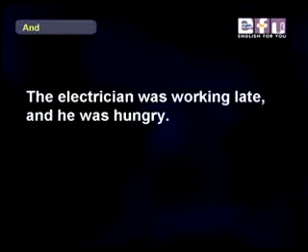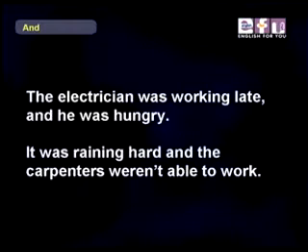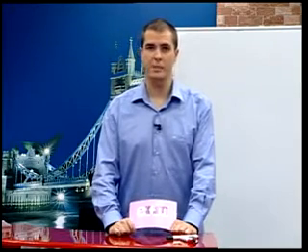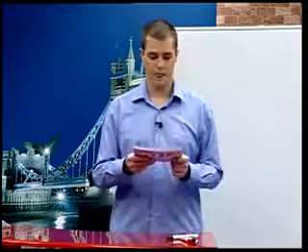The electrician was working late and he was hungry. It was raining hard and the carpenters weren't able to work. Well, in these two sentences, and is used to connect two independent clauses. Both clauses have a subject and a verb and could be sentences on their own.